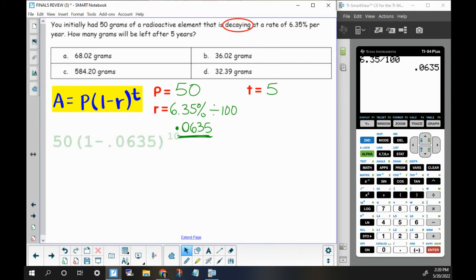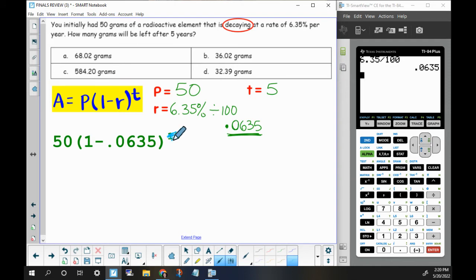So we have 50, parenthesis, 1 minus our rate, which in decimal form is 0.0635, raised to t, which in this case actually is not 10, but is 5, because we got 5 years.